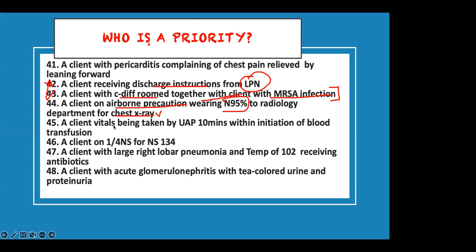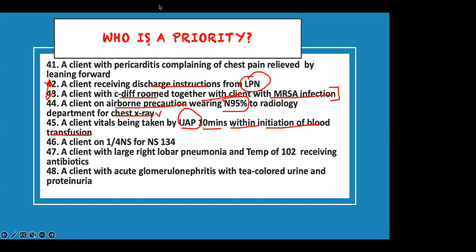A client with a blood transfusion having vitals taken by a UAP within 10 minutes of initiation. Pay attention, I'm reading it for you and emphasizing it. 10 minutes within initiation of blood transfusion. There's a reason why I emphasize 10 minutes.